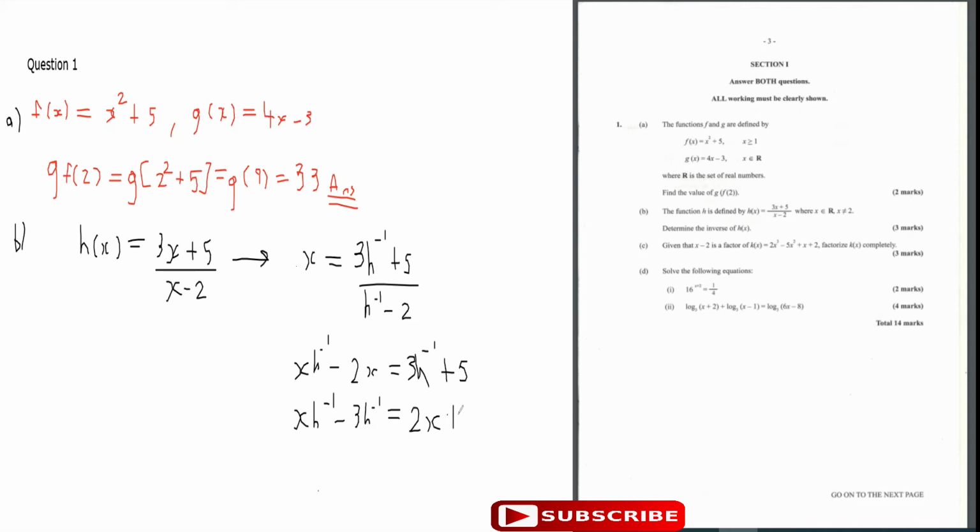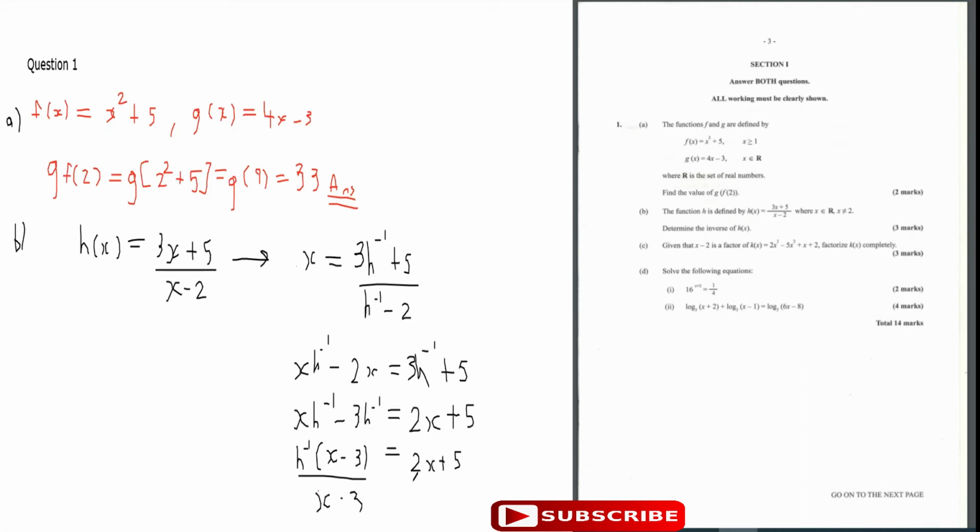Nice and easy. All we need to do then is factor out h inverse. Factoring out h inverse, what we're going to get is x minus 3. H inverse times x minus 3 is equal to 2x plus 5. And so all we need to do now is divide both sides by x minus 3, and that will give us h inverse.